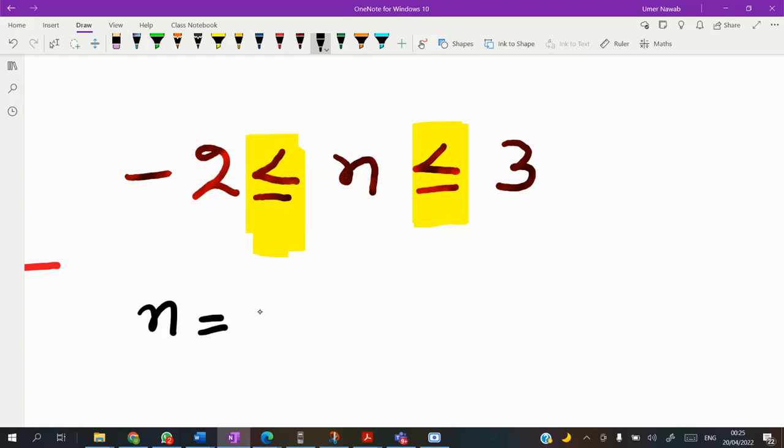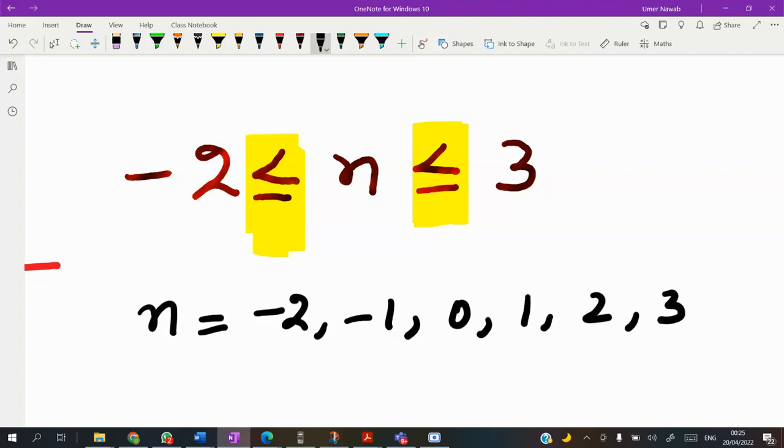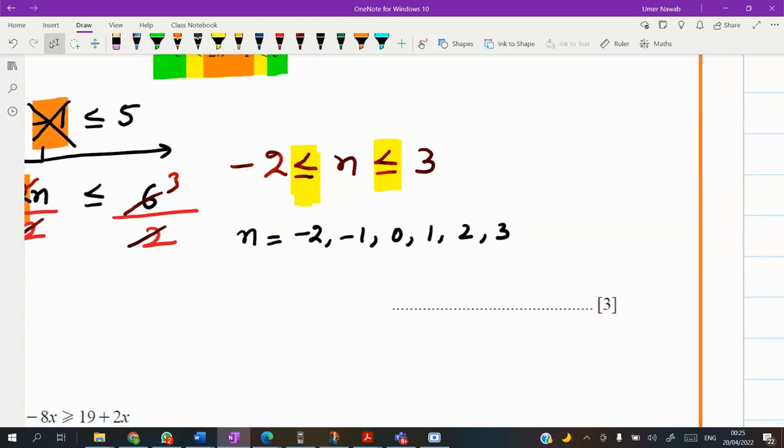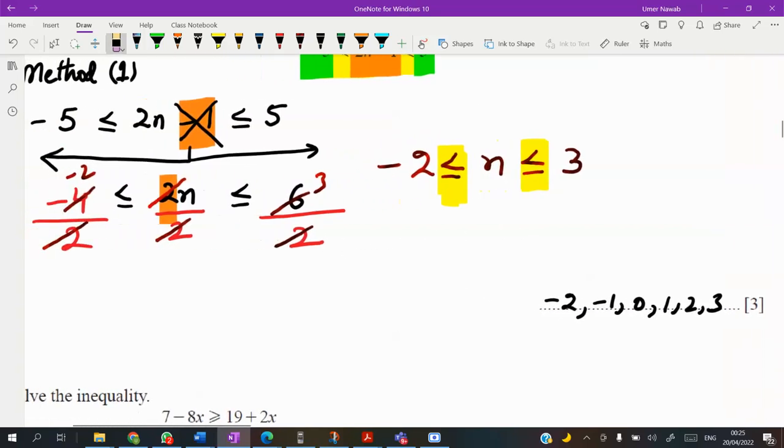So minus 2, minus 1, 0, 1, 2, 3. These are all those values of integers which can satisfy the inequality. I'm going to list them here: minus 2, minus 1, 0, 1, 2, and 3. So that's the answer to this question.